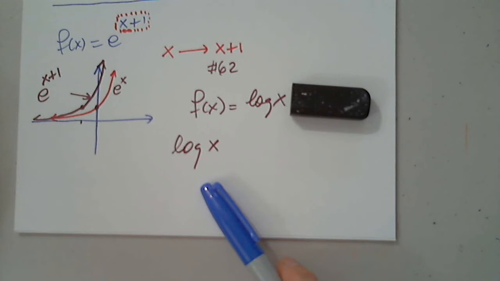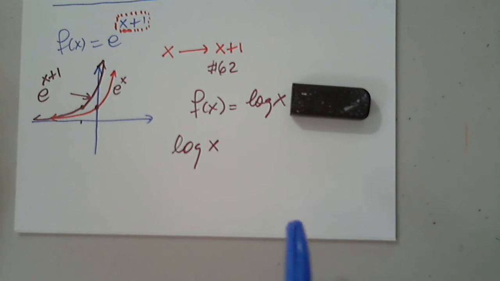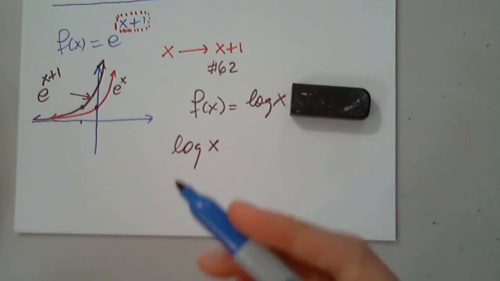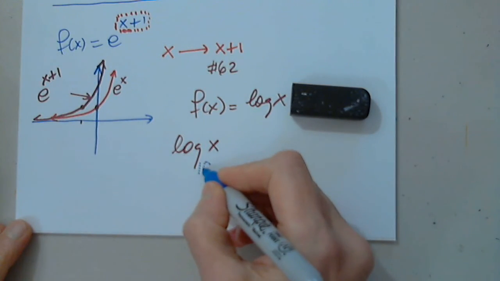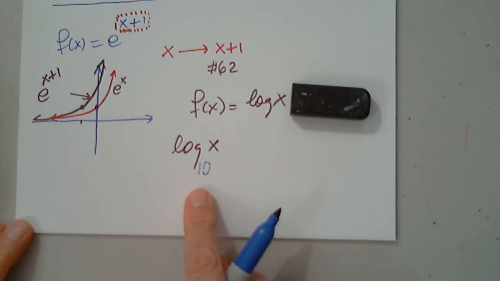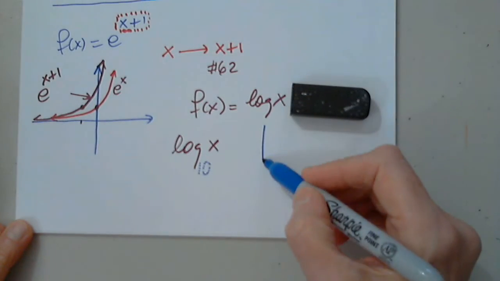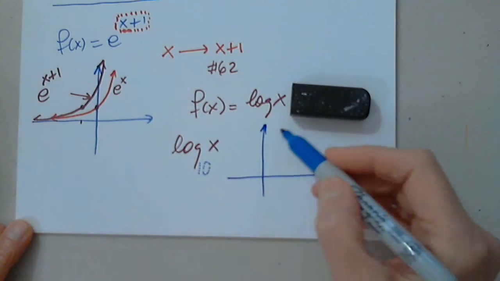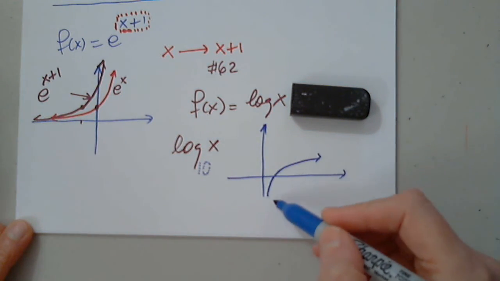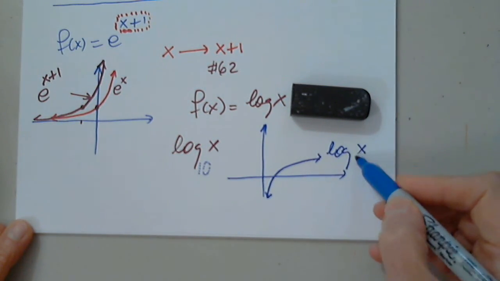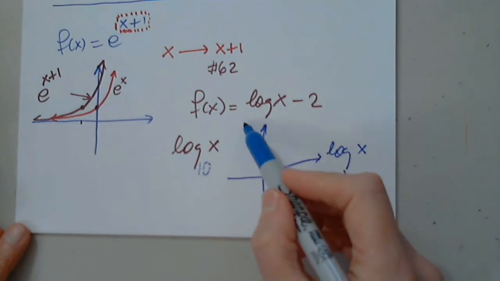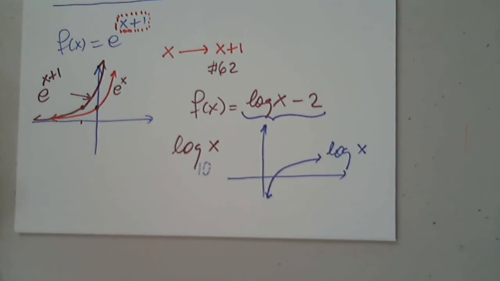It's increasing, because the base is greater than 1. Because the base is greater than 1, the function is increasing. And we know pretty much this is the shape. So this is log x. Perfect. Now, what transformation is this on log x? Again, it's okay if you're wrong, just say what you think so we can correct it.